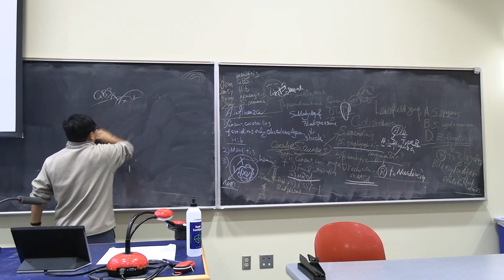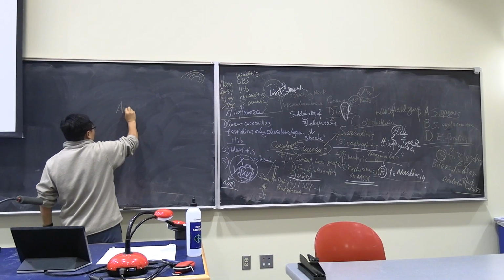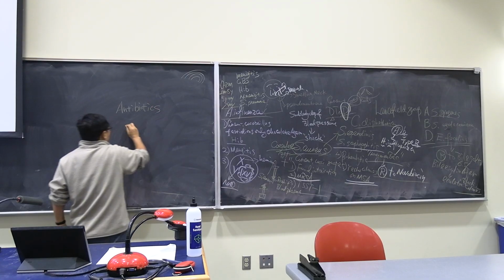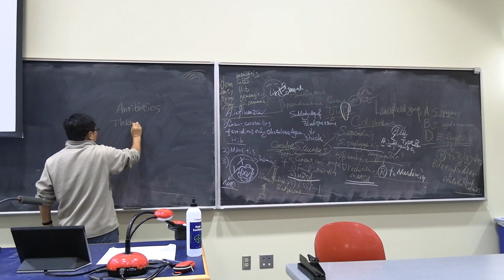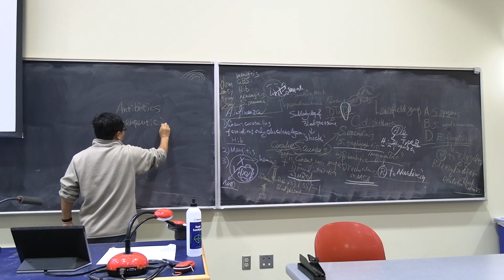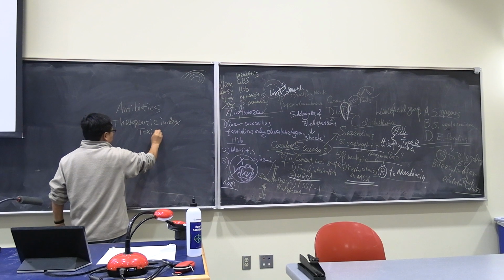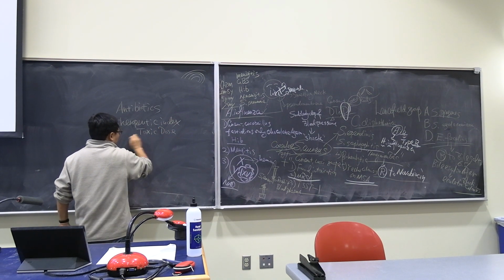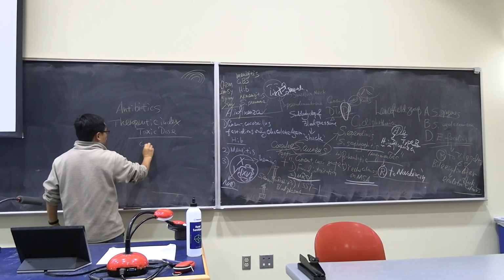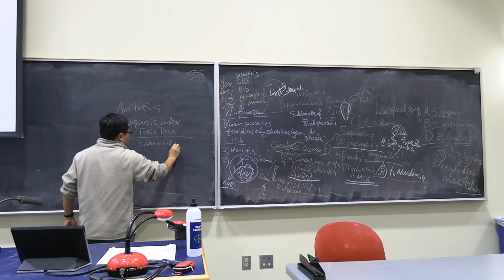So we talked about antibiotics. We talked about the therapeutic index. The index is the toxic dose divided by the effective concentration of the antibiotic dose.